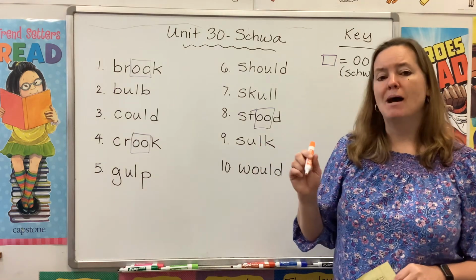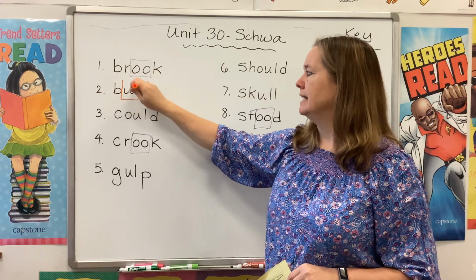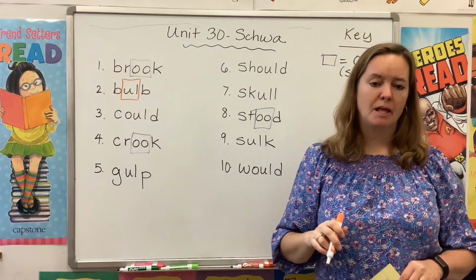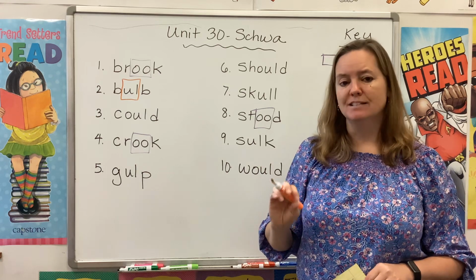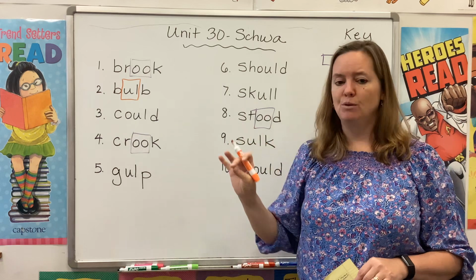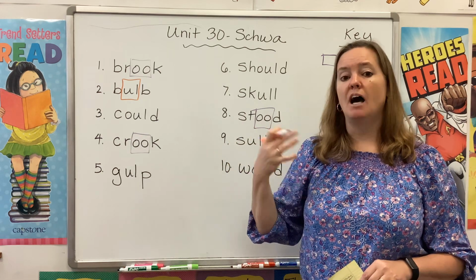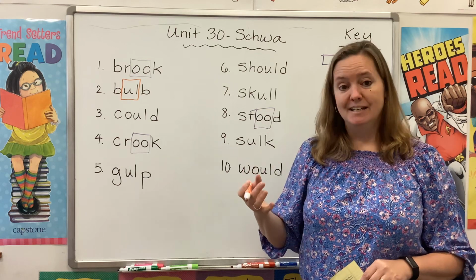Okay, let's choose a second color. And this time, I want you to put a box around the UL in bulb. There's something about that L that changes the sound of U. We're used to looking at U followed by a consonant, and we pronounce it in words like up or fun, right?